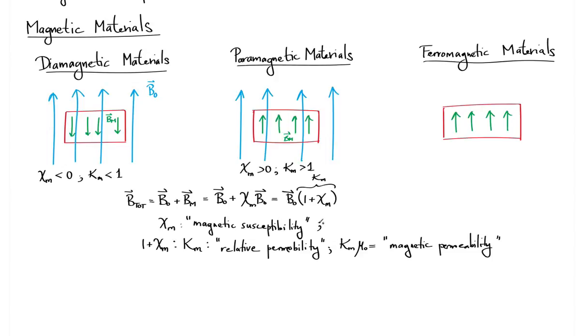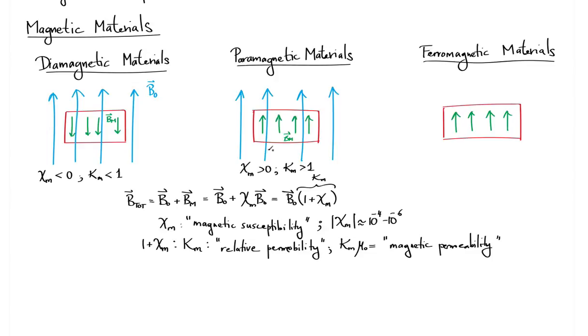So chi sub m, for diamagnetic and paramagnetic materials, the absolute value, whether it's positive or negative, is typically on the order of about 10 to the minus 4 to 10 to the minus 6, okay? So basically, if you apply a magnetic field, the enhancement for a paramagnetic material, or how much it's reduced in a diamagnetic material, is less than 1 part in 1,000.